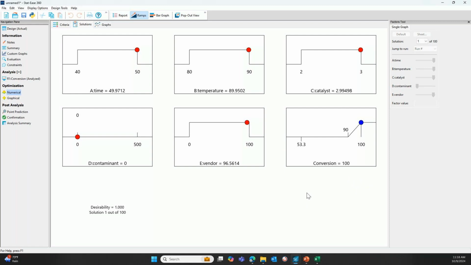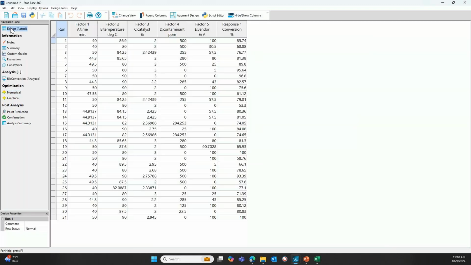Well, here's where the propagation of error comes into the story, and here's how we're going to work with that. If I come all the way back to the design, I am now going to input some criteria for my process factors to account for the expected amount of variation that I would see.